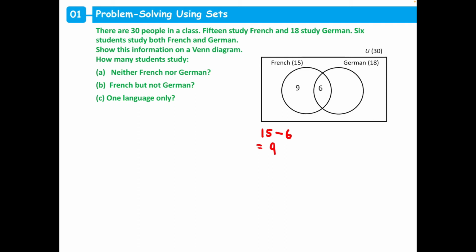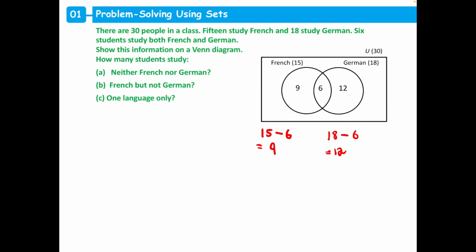And then to find the number of students who only study German, it is our total of 18 students minus the number of students who study both. This gives us 12 students.